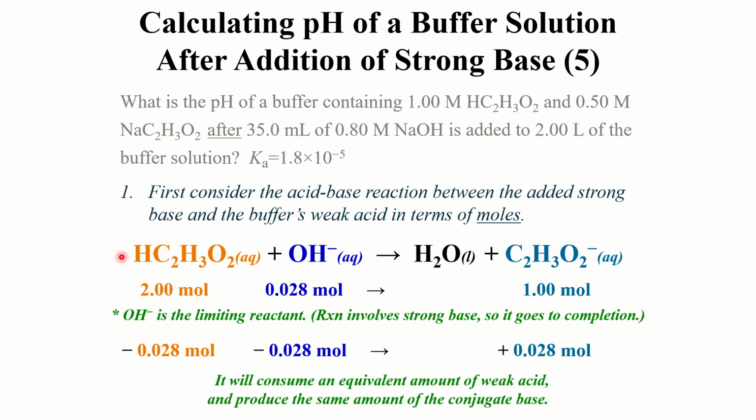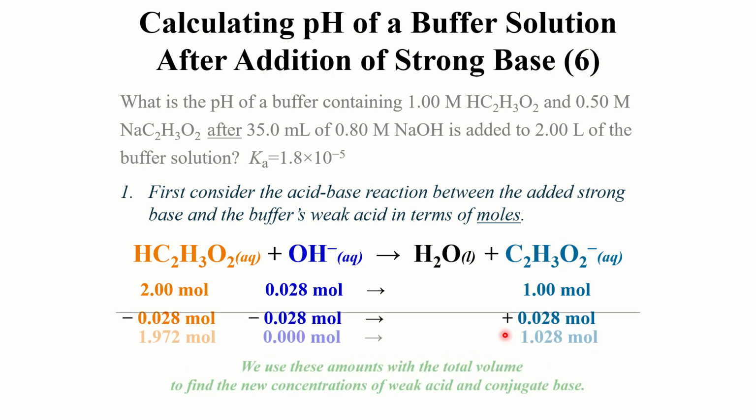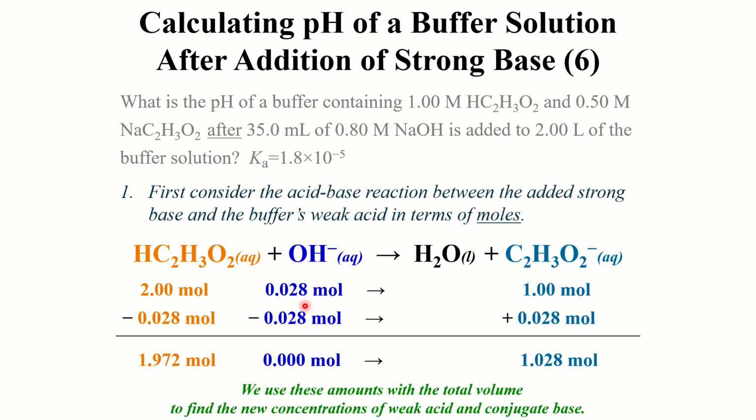Since we've got a 1-to-1 ratio from the coefficients, this will consume 0.028 moles of the acetic acid, and it will produce 0.028 moles of the conjugate base, the acetate. So after the reaction occurs, all of the hydroxide gets used. We're left with 1.972 moles of the acetic acid, and now we have 1.028 moles of the conjugate base, the acetate.